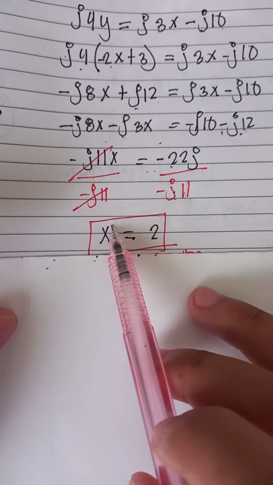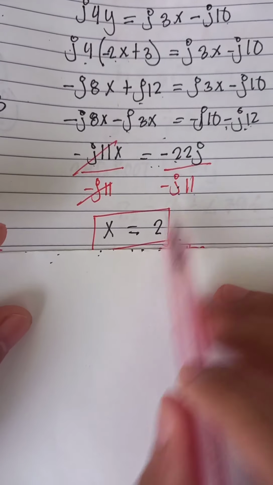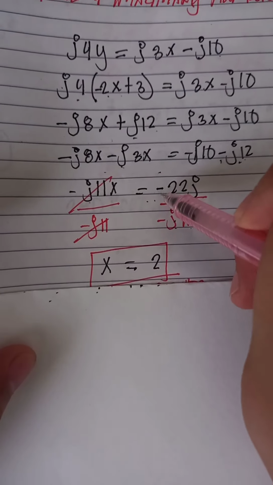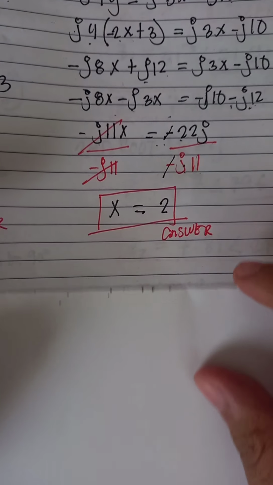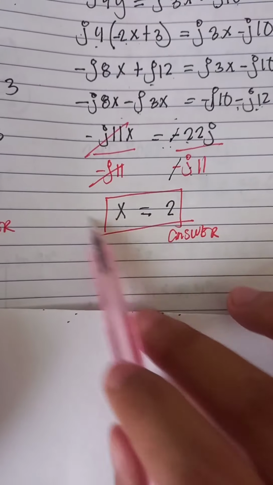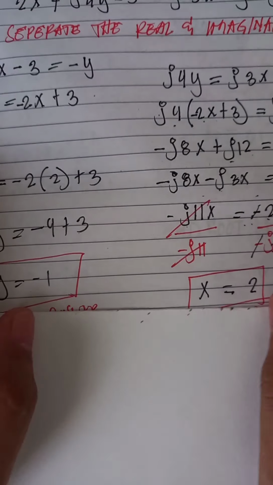In getting the value of x, we simplify this: we have a 2, and the negative signs cancel. So this is the answer for x, and then we have to get the value of y.